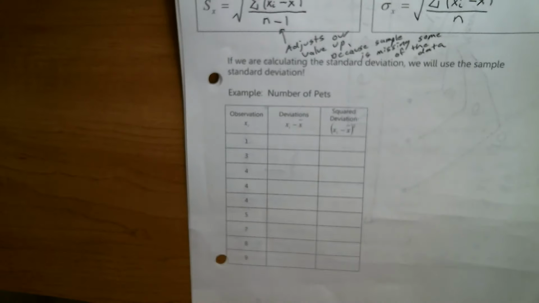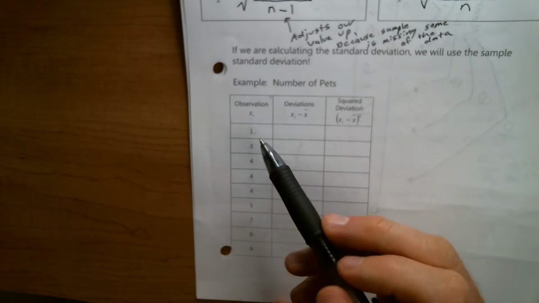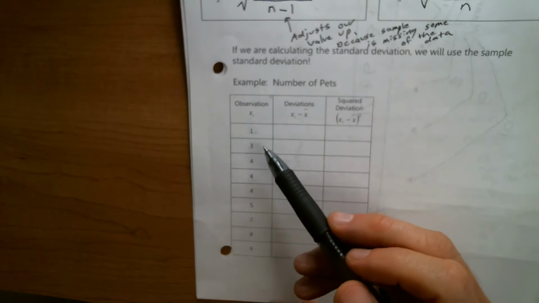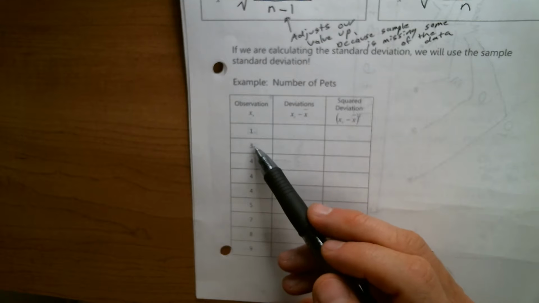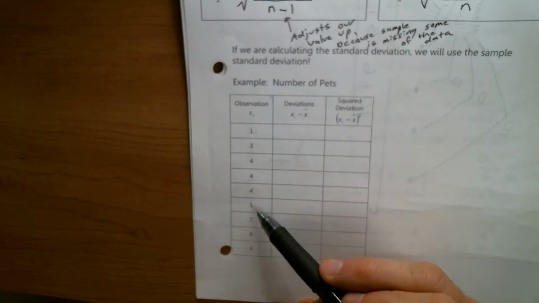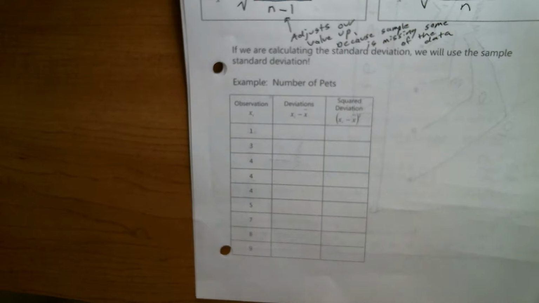via a hand calculation. Here we have a bunch of observations. This is how many pets somebody has. Person 1 has 1 pet, person 2 has 3 pets, then 4, 4, 4, 5, 7, 8, and 9. The first thing we need to do to calculate the standard deviation is know what the average is.